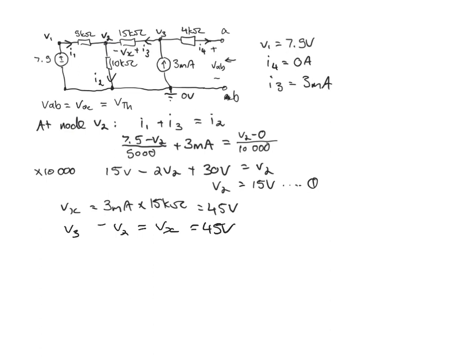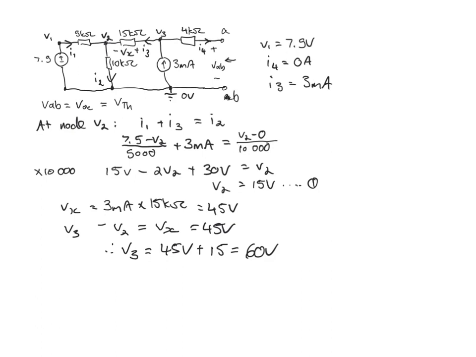And we've just calculated that V2 is 15 volts. So therefore V3 is equal to 45 volts plus 15 volts, and that's equal to 60 volts.